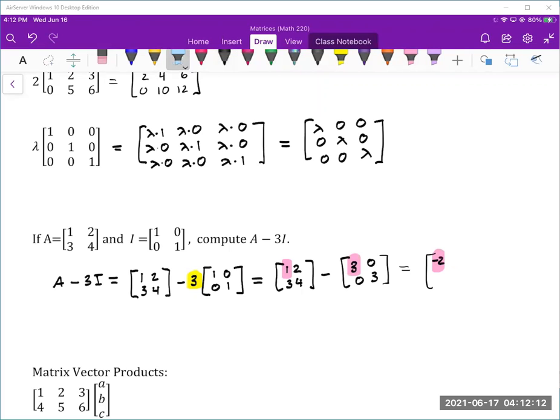Then to get the entry in the first row and second column, we're going to subtract 2 minus 0, and that gives us 2. And then we have 3 minus 0, and that gives us 3. And then we have 4 minus 3. 4 minus 3 gives us 1.